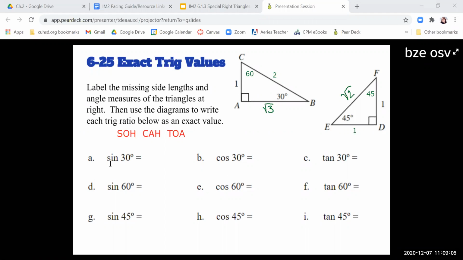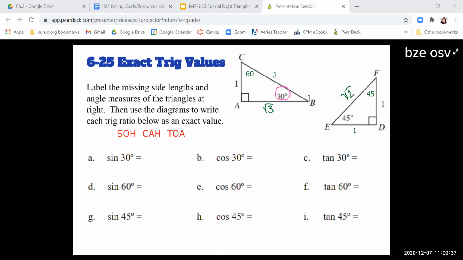So let's start with A, B, and C, where we're finding the sine, cosine, and tangent of the 30-degree angle. That means we're establishing our reference angle as the 30-degree angle. So I'm going to locate my 30-degree angle right here. In order to find the sine, cosine, and tangent of 30 degrees, I need to identify the opposite, adjacent, and hypotenuse of my triangle in relation to that angle.